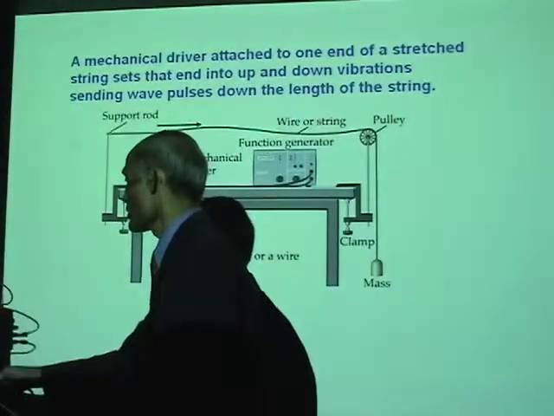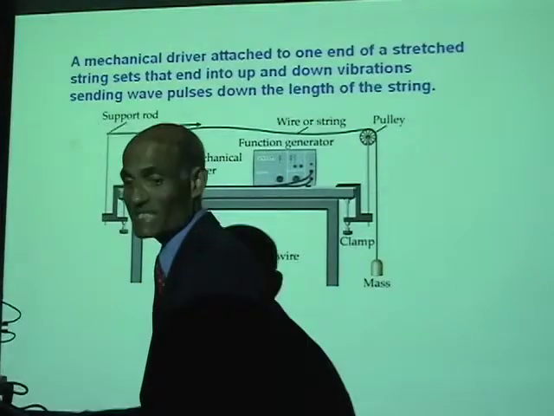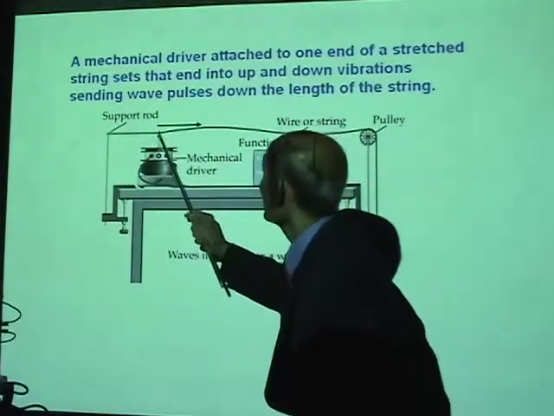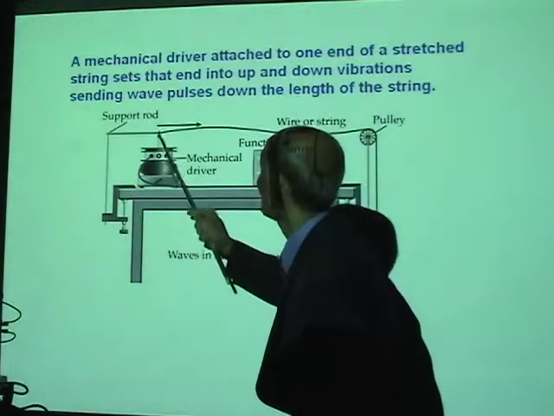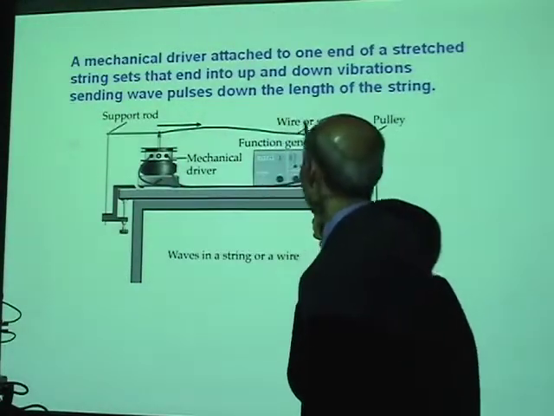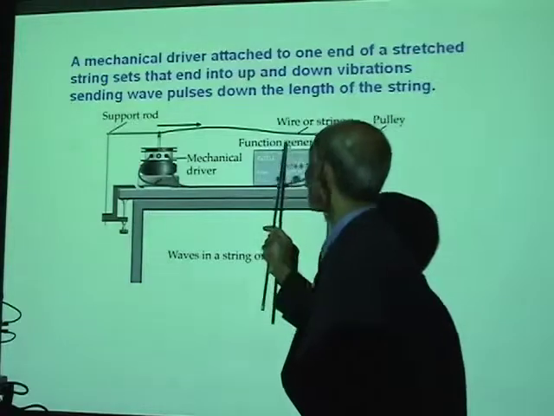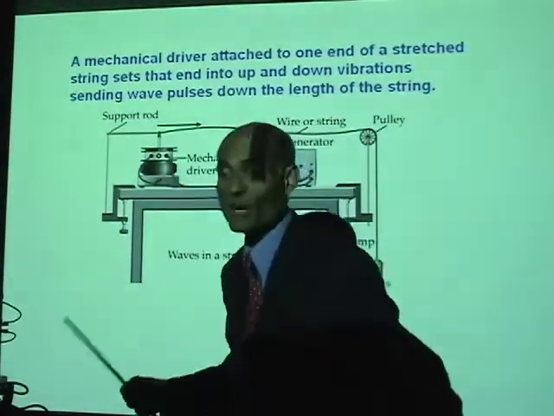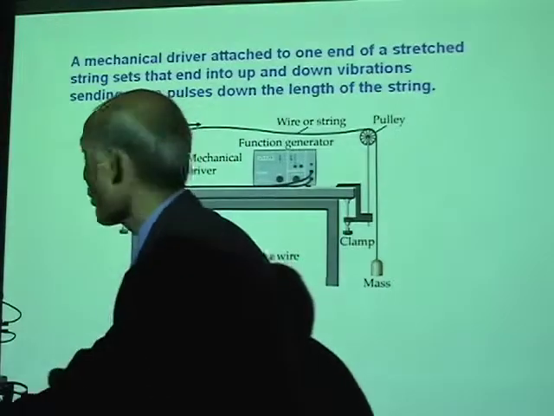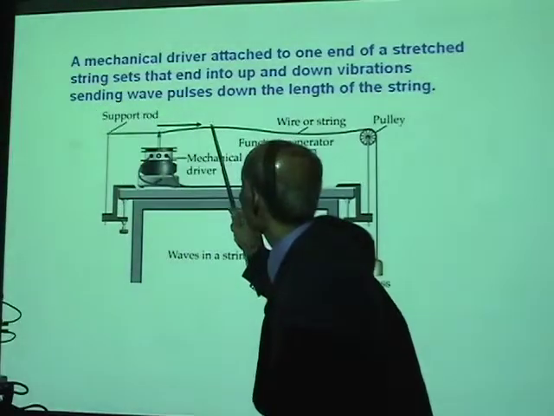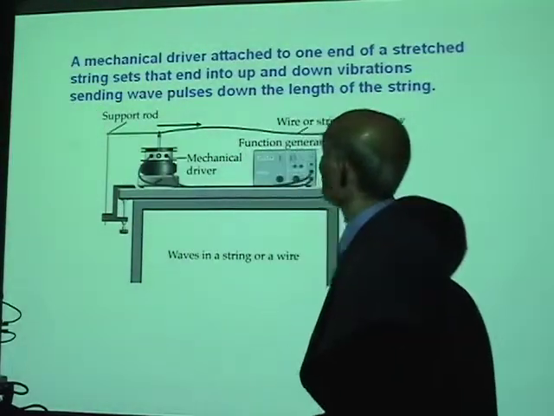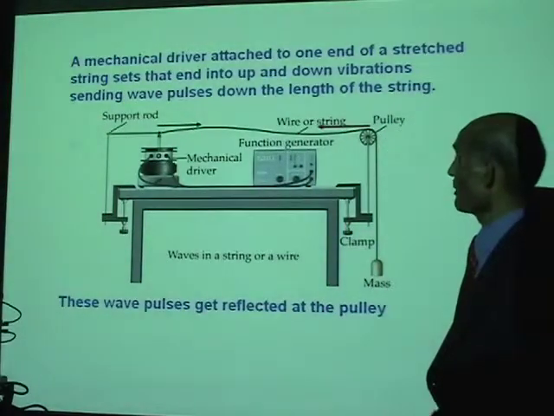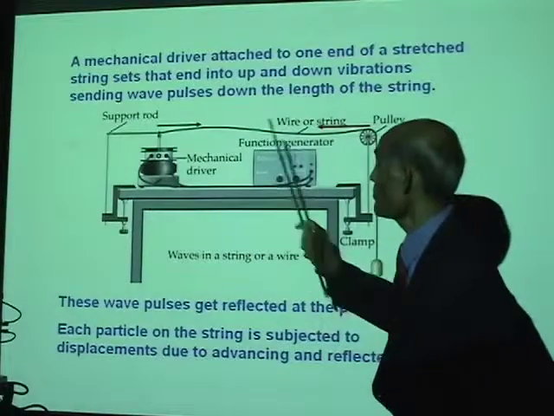So, what I have created here is stationary waves on a stretched string. As the mechanical vibrator moves up and down, an advancing wave and a reflected wave meet, and depending whether they meet in phase or out of phase, the segments of the string can have maximum or minimum displacements. Alright, so you have two waves.